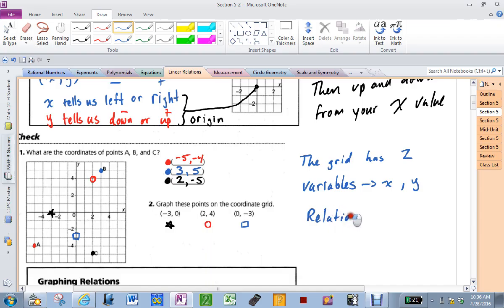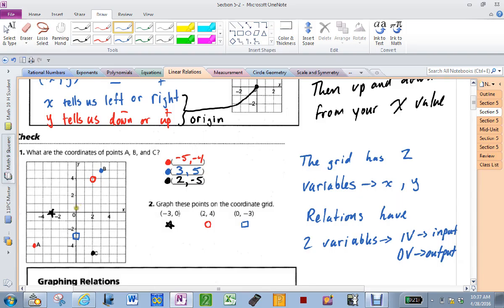Relations have two variables. What are they? Independent variable and dependent variable, which I also called input and output. Yes? So you guys are smart kids.